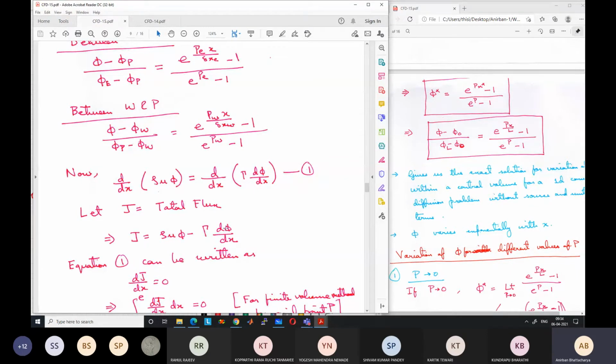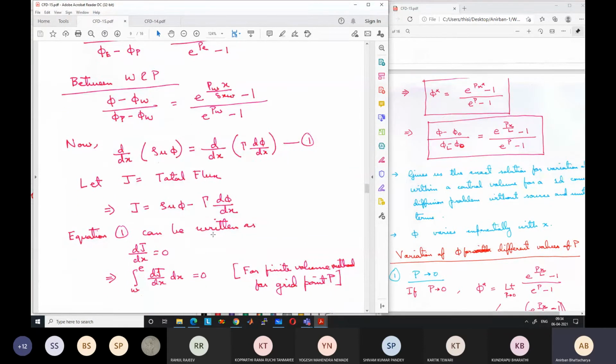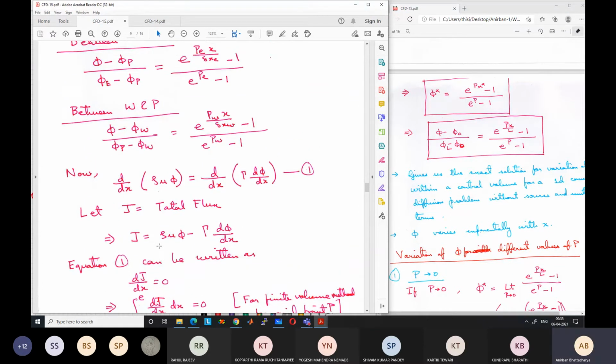So rho u phi minus gamma d phi dx is the total flux J. Now we can write this equation in a very simple form: dJ dx equal to 0. So to discretize this equation, we have to integrate it over the control volume from small w to small e. Let us keep this open.